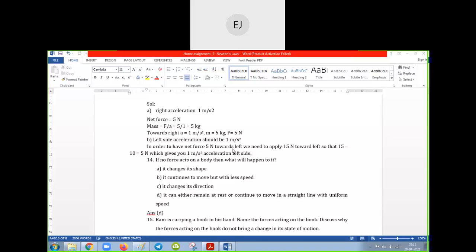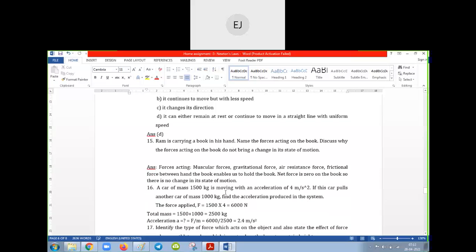Forces acting: muscular force, gravitational force, air resistance force, and frictional force between the hand and the book enables us to hold the book. Even though these many forces are acting, there is no normal force, because it is not kept on the table or any other platform. So there is no normal force.